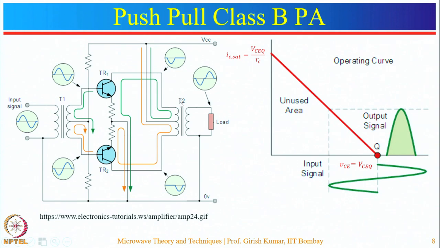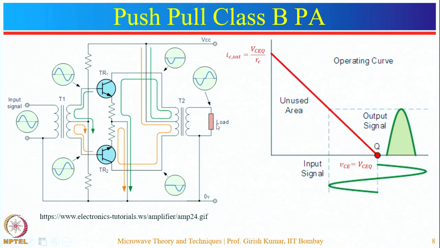Since this configuration is common emitter, the output will be in opposite phase to that of the input signal. So that will appear here. Similarly, the output will appear for this cycle of the input signal. So it will be in reverse phase for this much duration. Now using the center tapped output transformer, these outputs are combined and you will get the output waveform like this. So this is the push-pull amplifier.